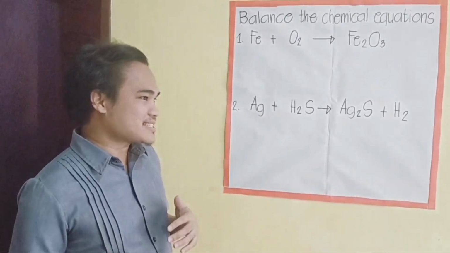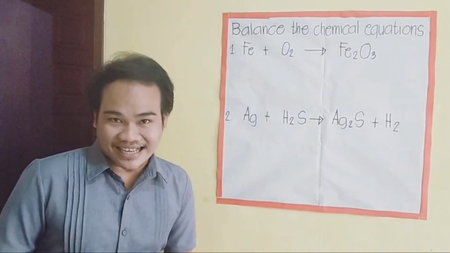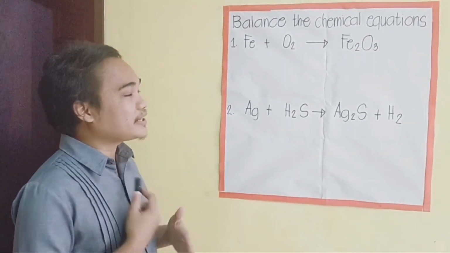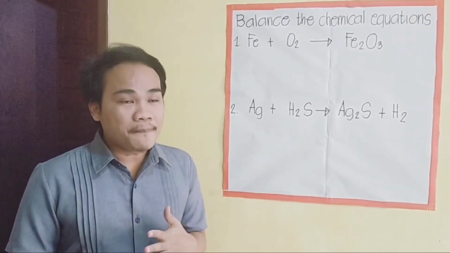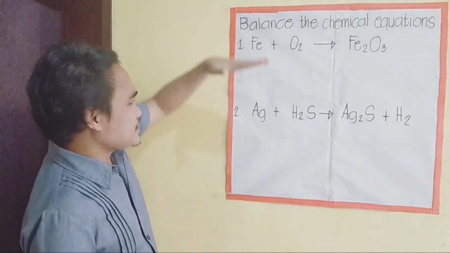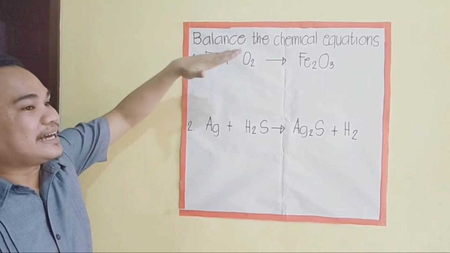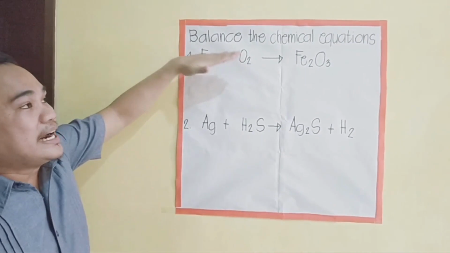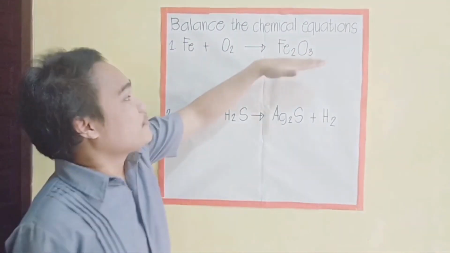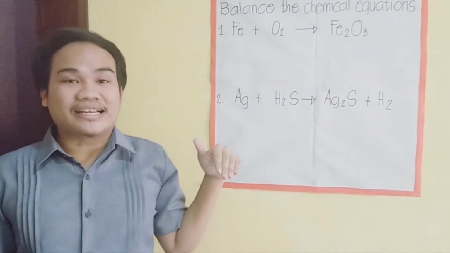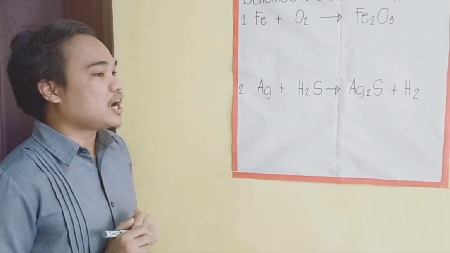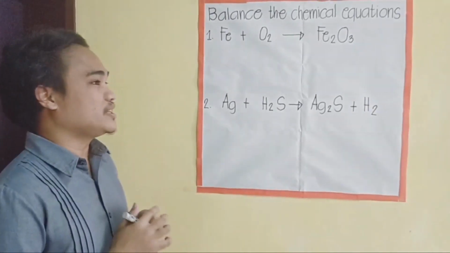Reactants are the substances that will undergo chemical reaction, while products are the substances formed after the chemical reaction. So this is the reactant, the left side in the chemical reaction, while the product is on the right side of the chemical reaction.